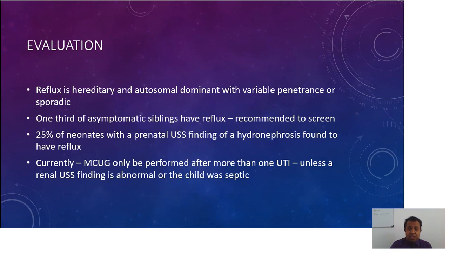As I mentioned earlier, the reason for siblings to be screened is that 1/3 of siblings of symptomatic children can have reflux. Therefore, these children can be asymptomatic. If you diagnose a child to have reflux, you can recommend screening them with a basic investigation like ultrasonography, but there is no definite indication to investigate siblings if they are asymptomatic.